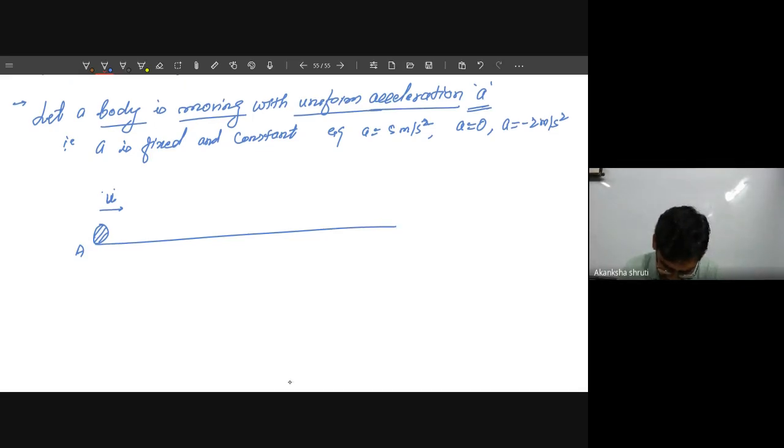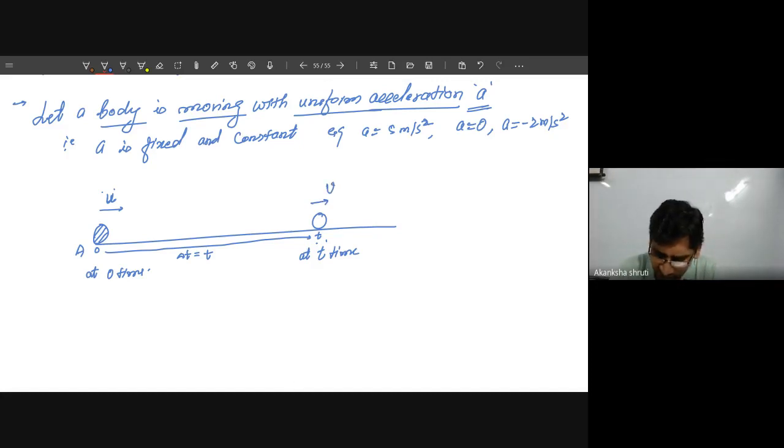So this was at 0 time, and at time t, means after an interval t, whatever the time 0 to t we are taking, this delta t value is our t, the speed has changed to v. Now while moving, we are observing the speed is increasing.